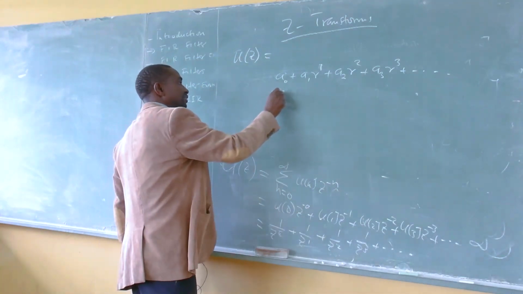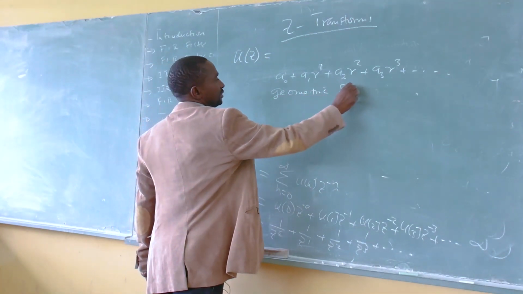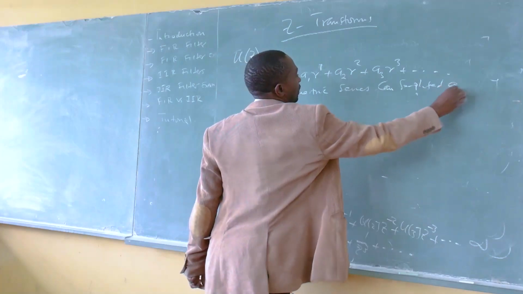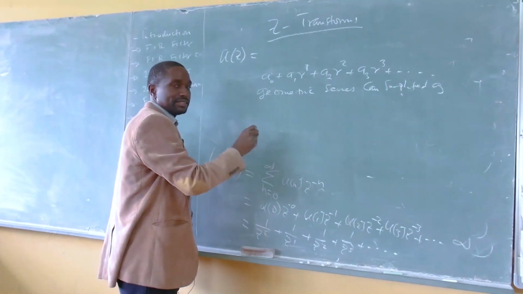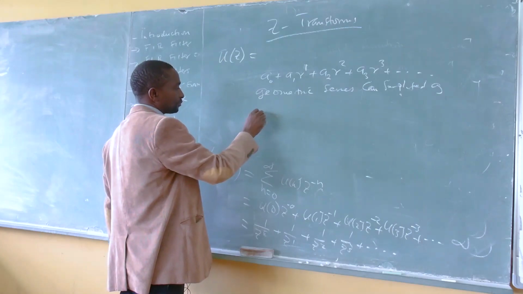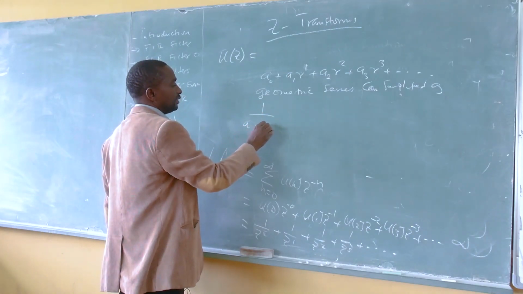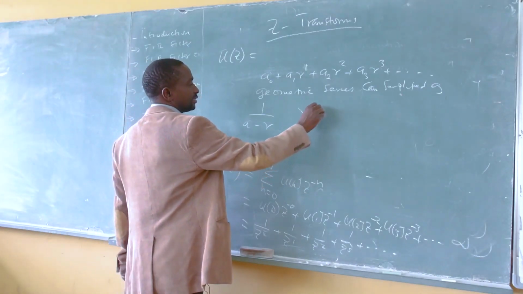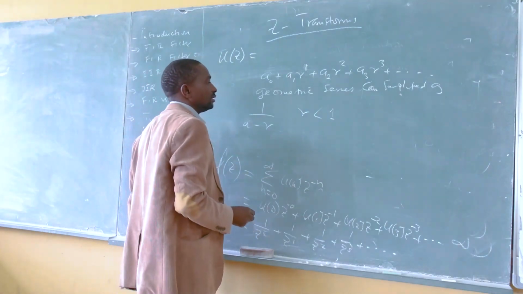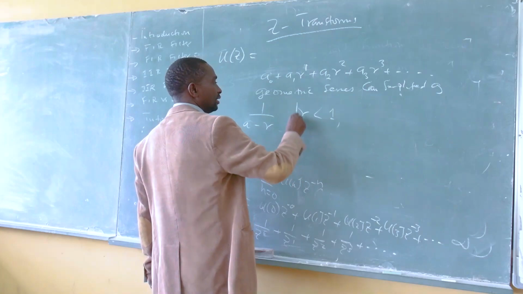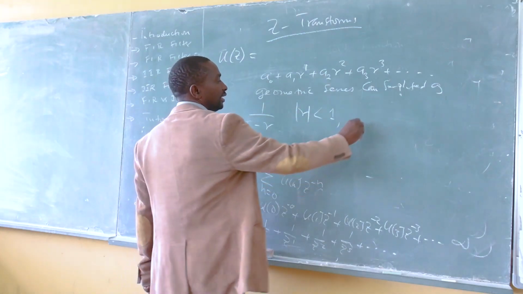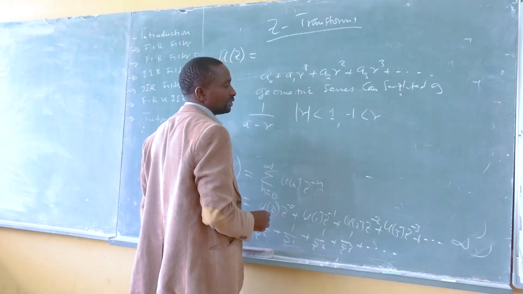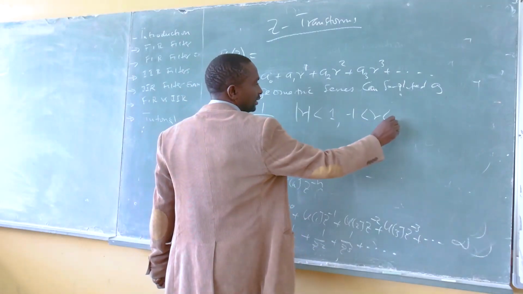This geometric series can be simplified as nothing but 1 over 1 minus r, where the magnitude of r should be less than 1, so r must be greater than -1 but less than +1.